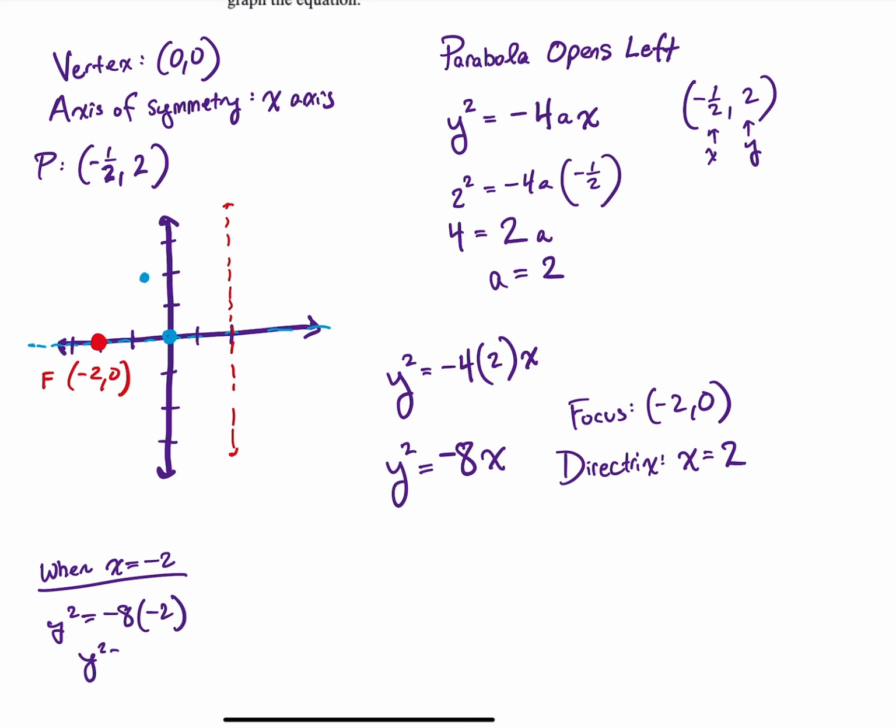So y² equals +16, meaning y is ±4. So a little bit out of my scale, but somewhere over here, we could have -2, +4, and -2, -4. Just a rough idea. And that's pretty in line with our previous point there too.